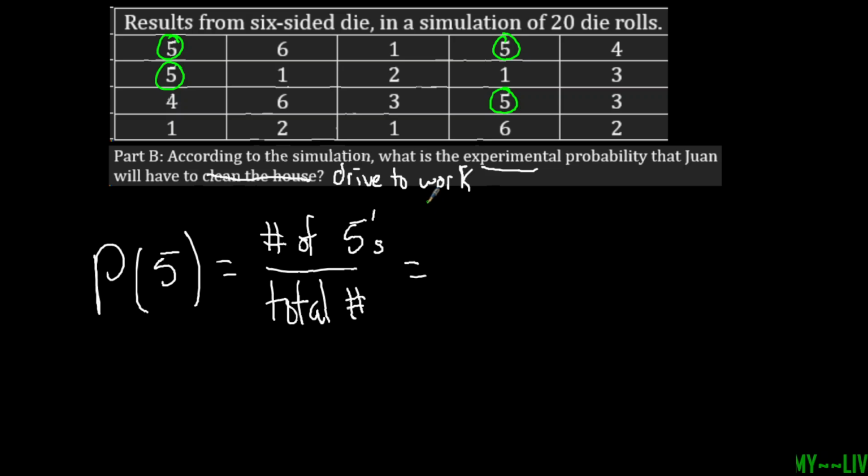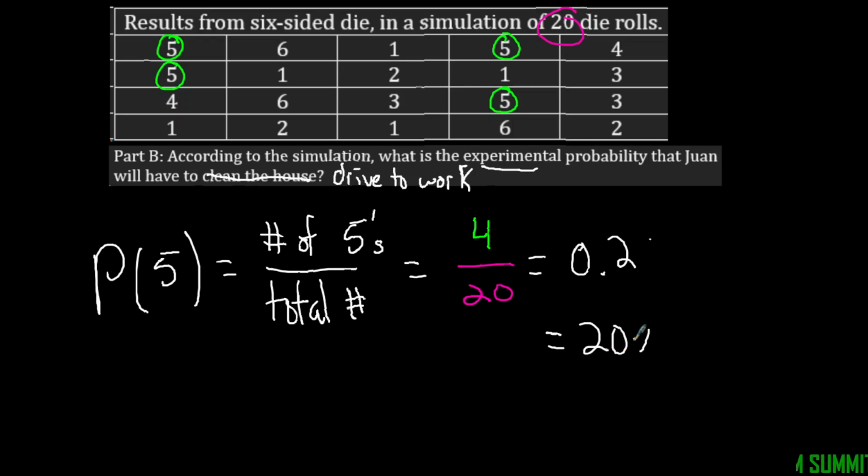So that's 4 times out of the total, which is 20 rolls, so 4 divided by 20. Again, I can change that from a fraction to a decimal. I divide that out and I should get 0.2, which is the same as 20%.